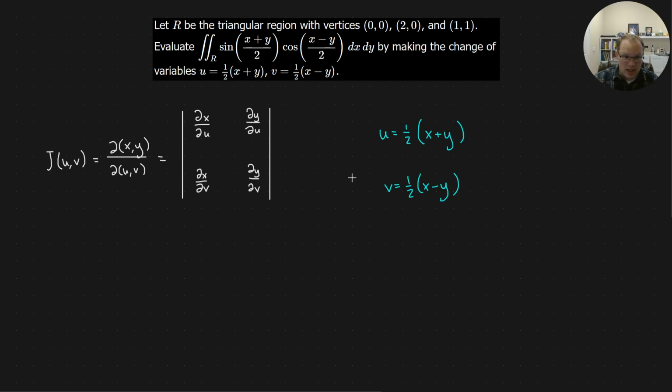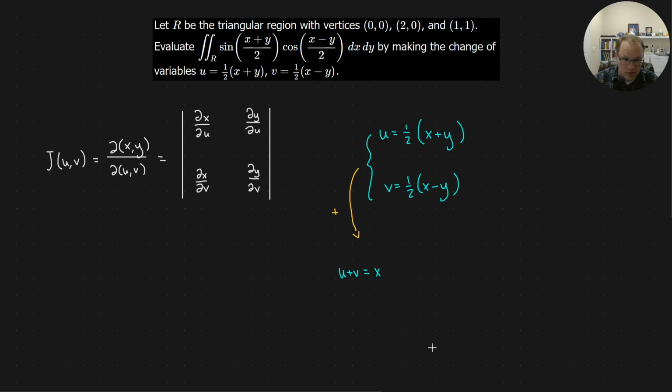What I'm going to do is add these two equations together. Let me write it this way. If I add these two equations, I get u plus v on the left-hand side, and on the right-hand side, half x plus a half x is a whole x. Half y minus half y goes away.